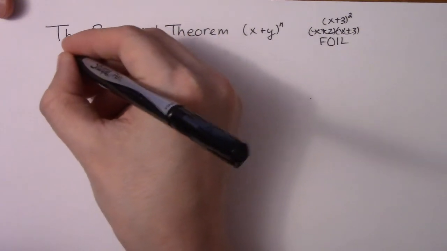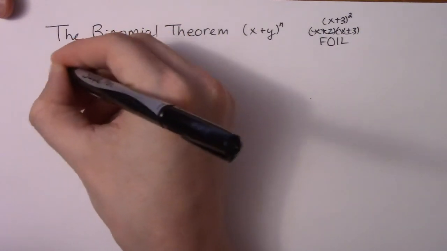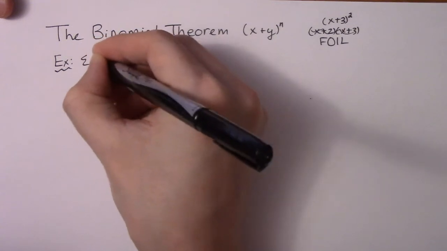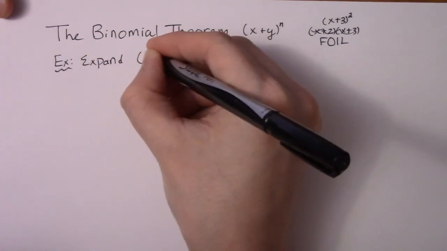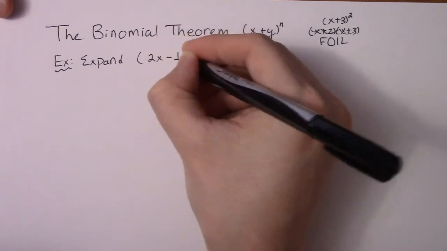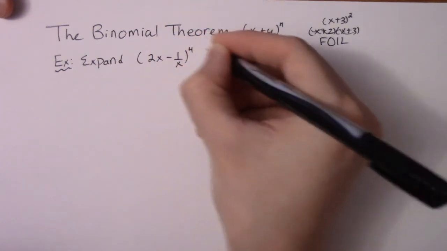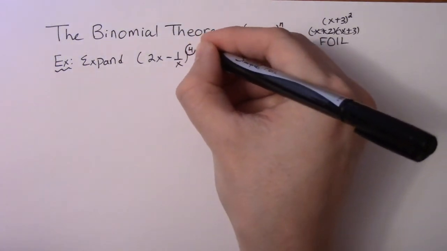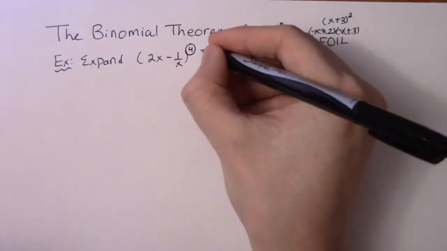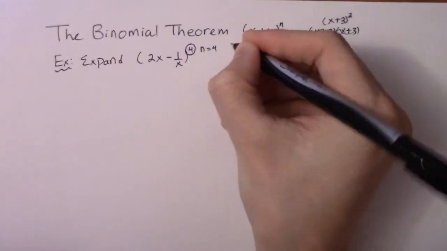So let me just give an example. Let's expand (2x minus 1 over x) to the 4. There's a couple things we got to recognize from this. The first thing I always look at is that exponent, and that is n equal to 4.